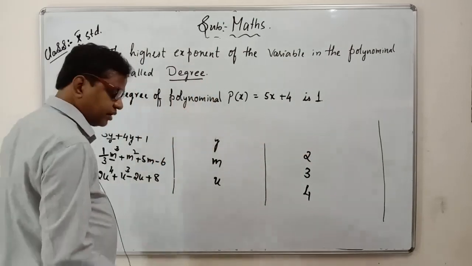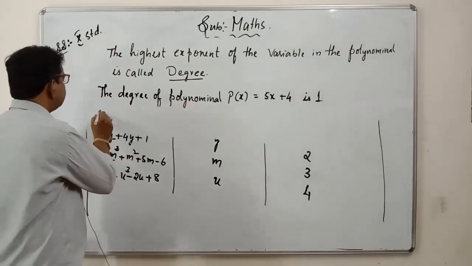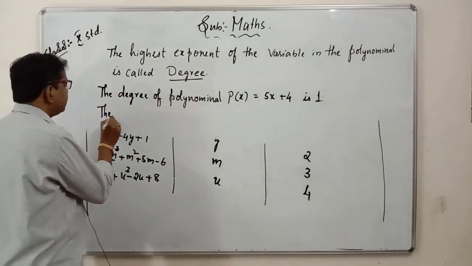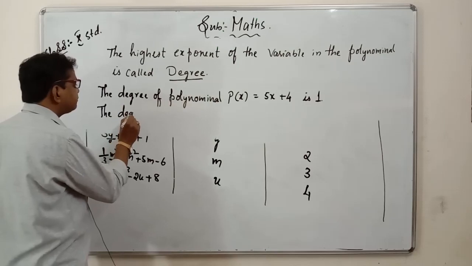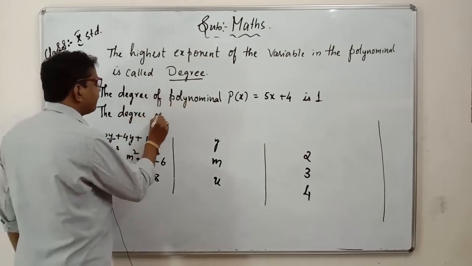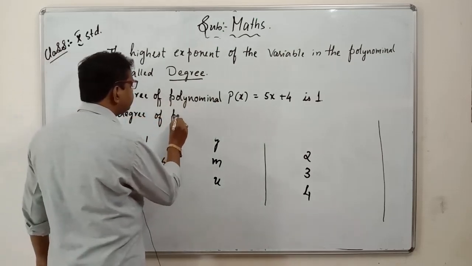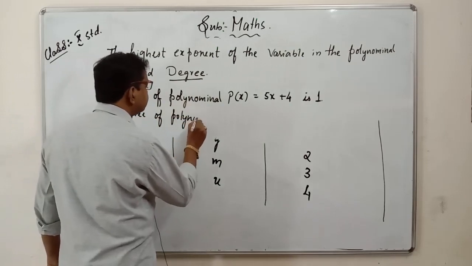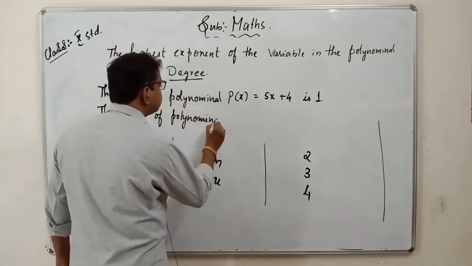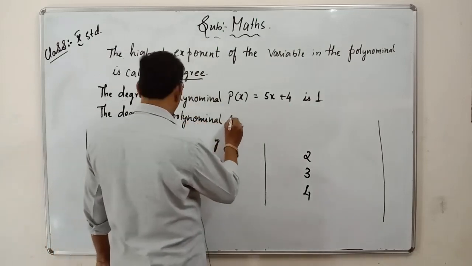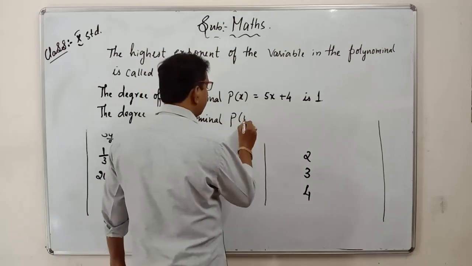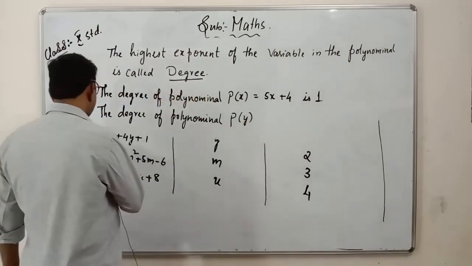What is the second one? In the second one we have the degree of polynomial p of y. Now why p of y? Because here we have y.